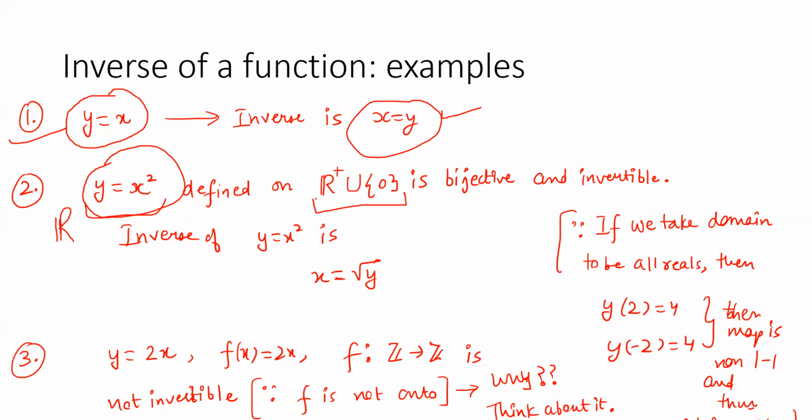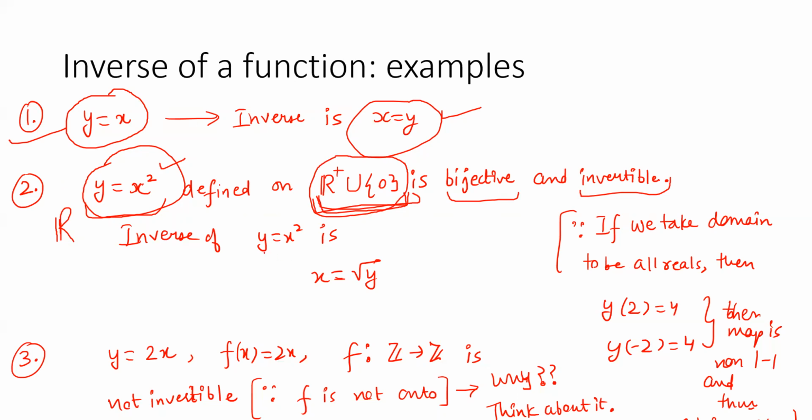But I have particularly chosen positive reals including 0, because it is over this domain that this function is bijective and therefore invertible. So to talk about the inverse of this function, you need to restrict its domain to non-negative reals. Positive and 0 means non-negative.